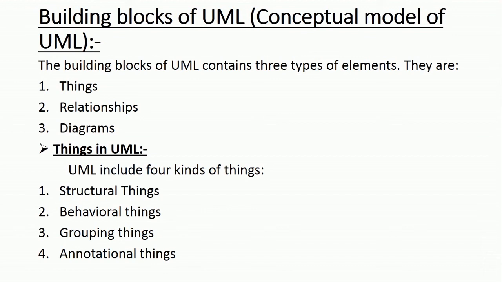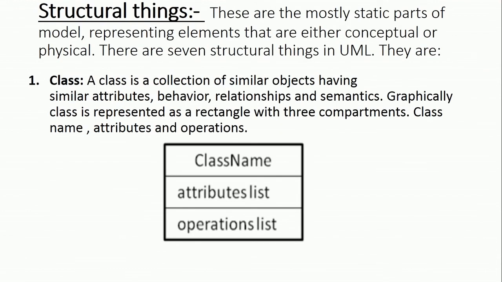Components describe the physical part of the system. So these are the structural things. These are the mostly static parts of the model, representing elements that are either conceptual or physical. So there are 7 structural things in UML.